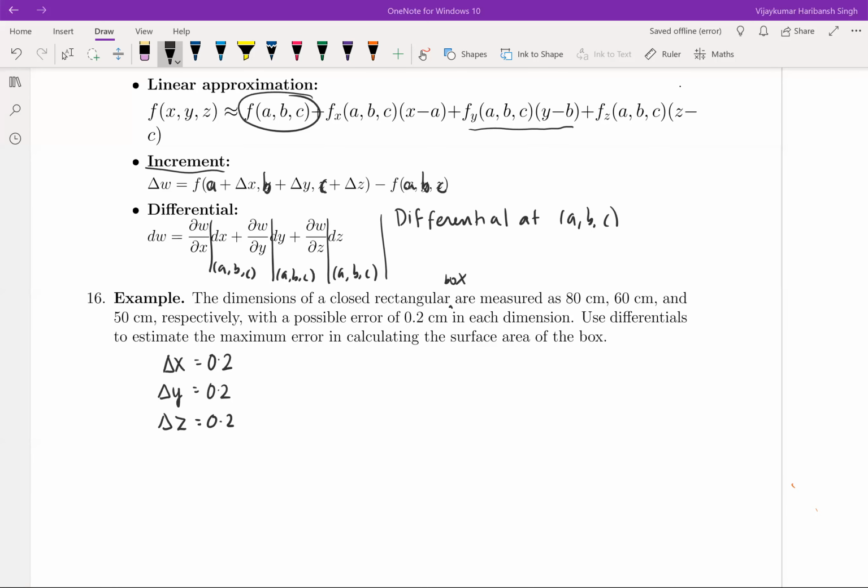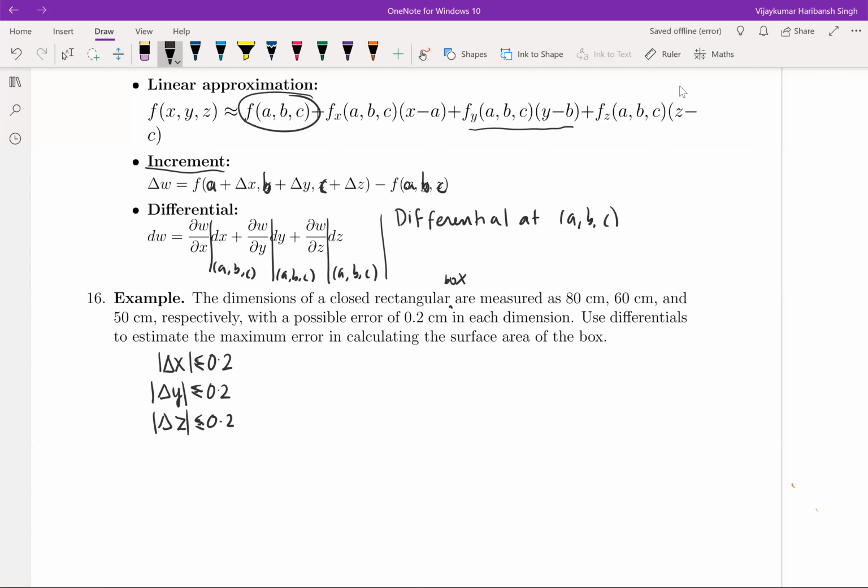So this is what we have. In fact, if we take the absolute value, each has to be less than or equal to this. So these are the maximum possible errors.